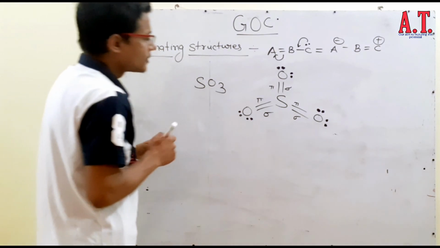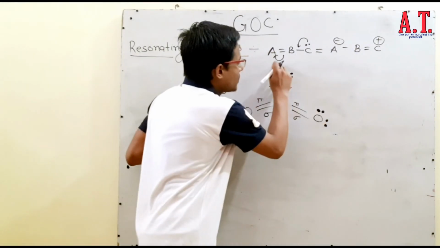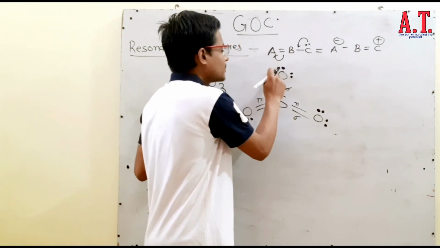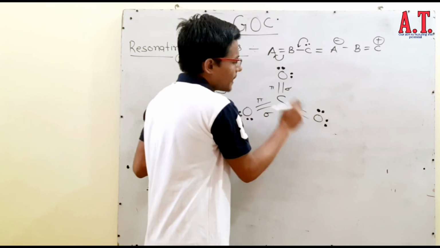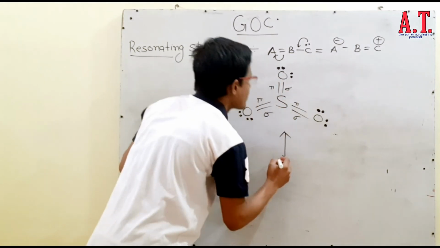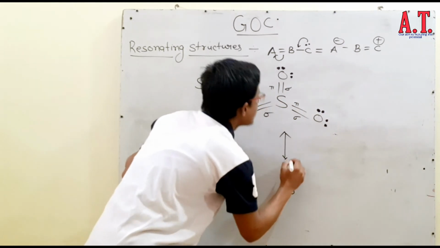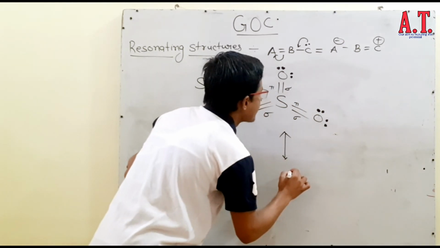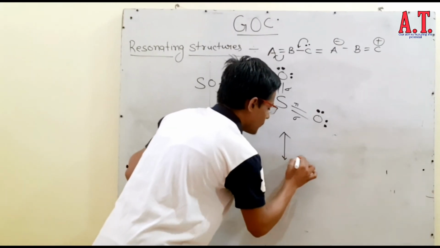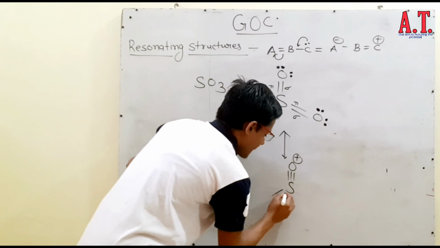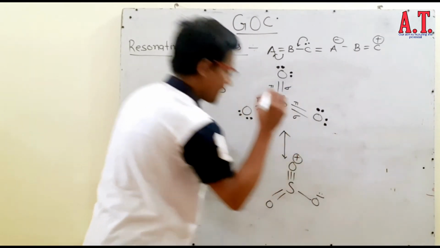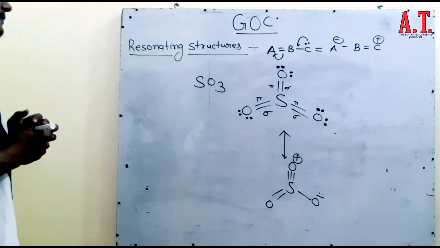Let us suppose this lone pair tries to make a resonating structure. So what will be lone pair, sigma, pi? Okay. So what will come out? This will be triple bond O positive and this will be O negative in this way.